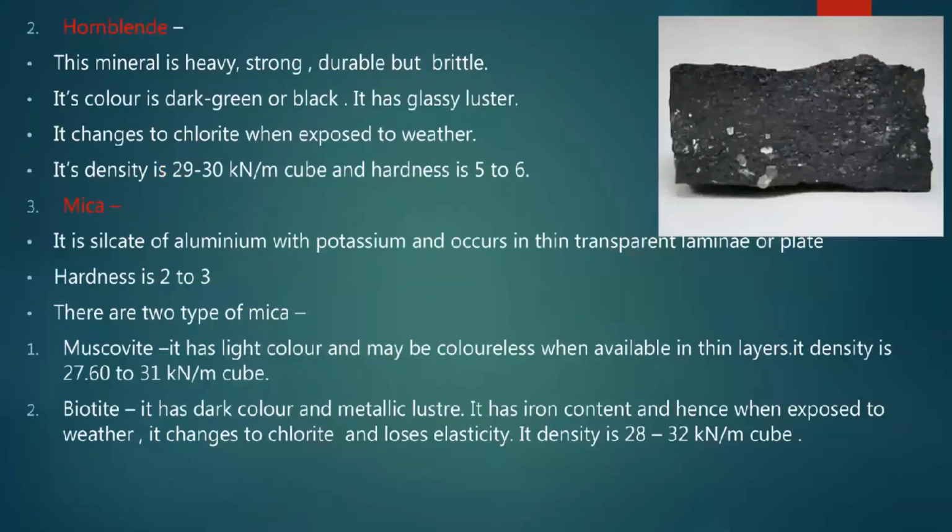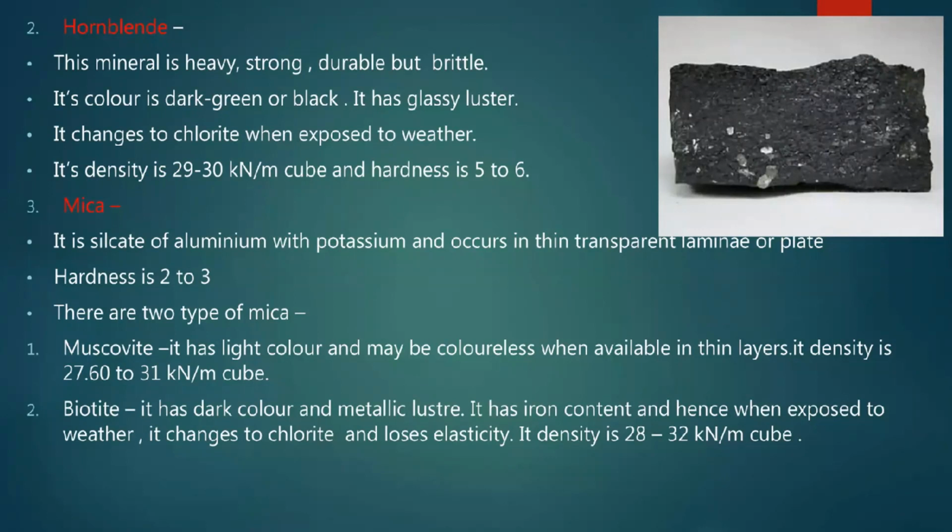Next, hornblende. This mineral is heavy, strong, and durable, but brittle. It is either dark green or black in color, with a glassy luster. The hardness of hornblende is 5 to 6, and the density is 29 to 30 kilonewton per meter cube.